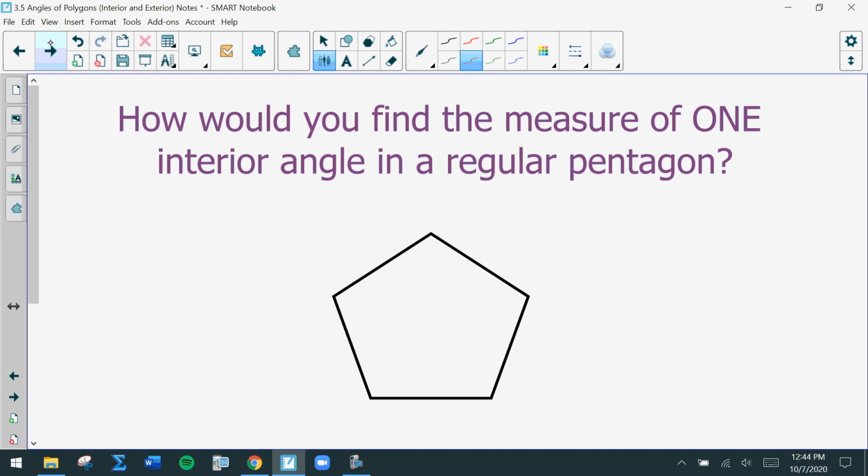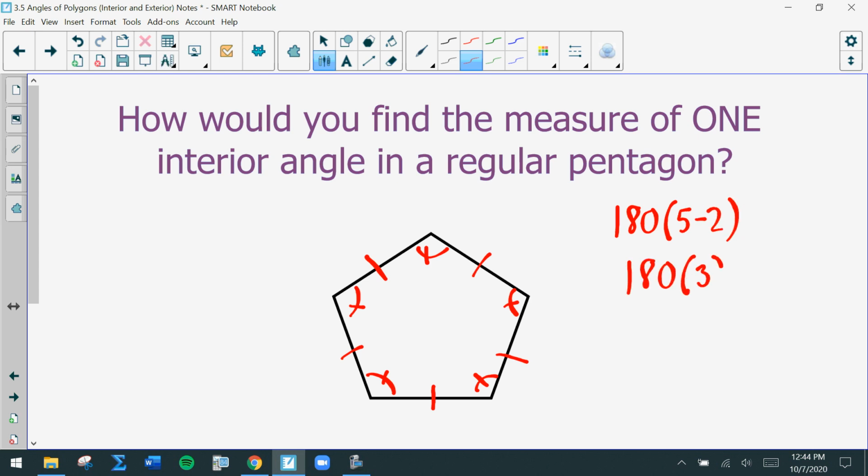So now if we were looking at a regular pentagon, okay, a regular pentagon, that means all the sides are congruent and all of the angles are congruent, okay? So when we do 180 times 5 minus 2, right, we have 5 sides, we get 540 degrees, and that is the total sum of the angles.